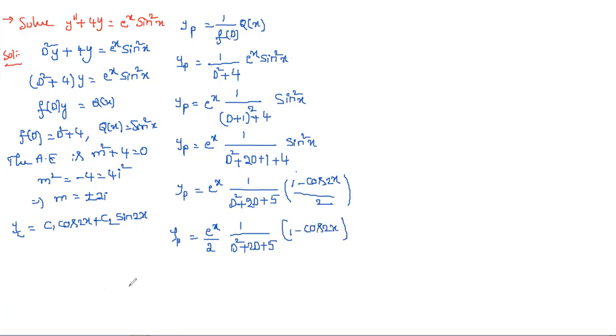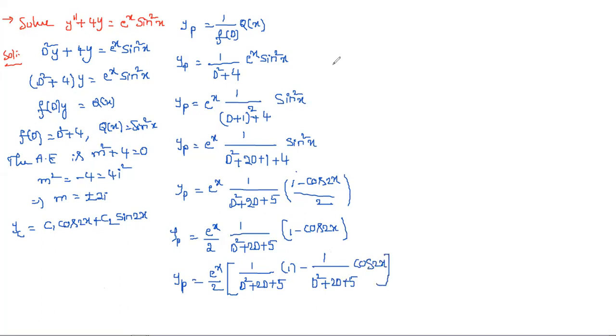So yp is equal to e^x by 2, and then multiplying inside the terms: 1 by (D squared plus 2D plus 5) into 1, minus 1 by (D squared plus 2D plus 5) into cos 2x.